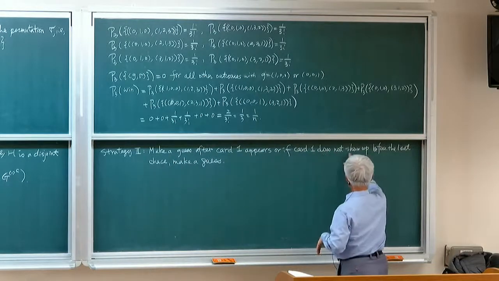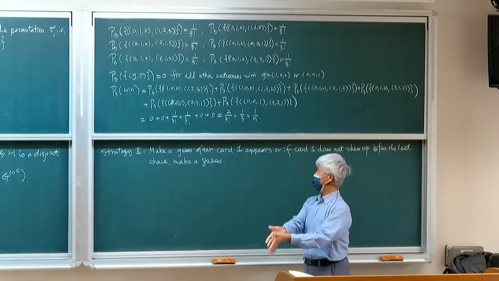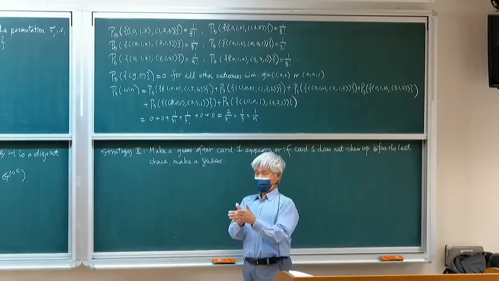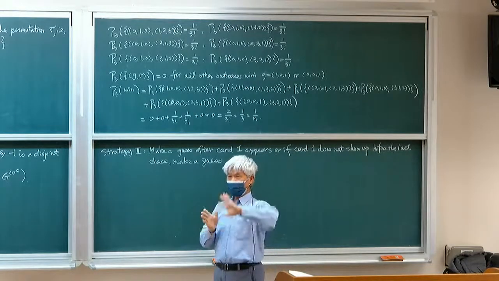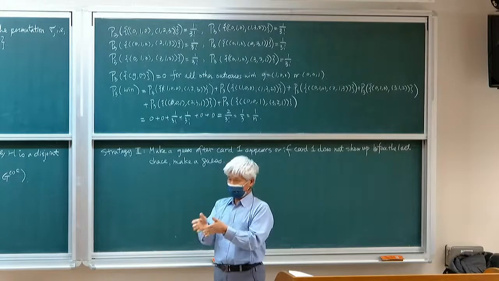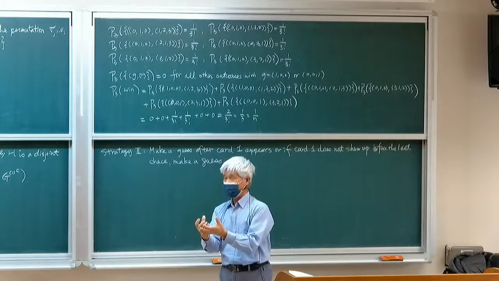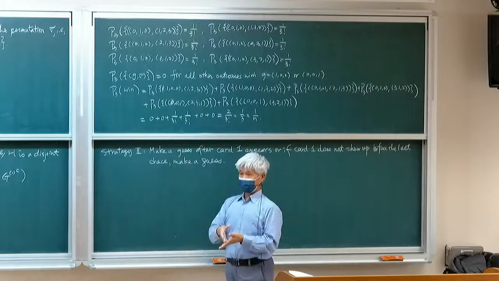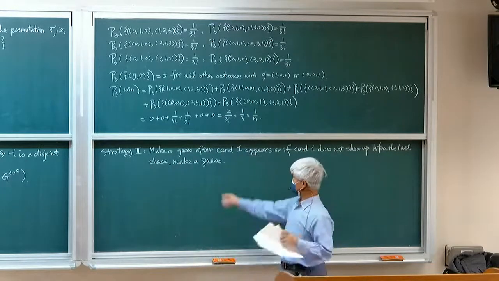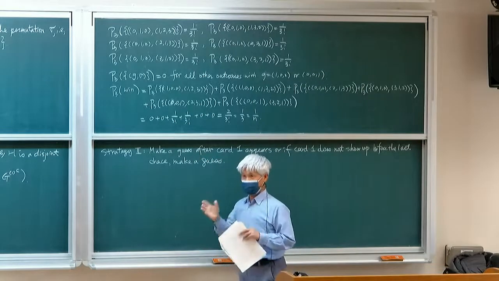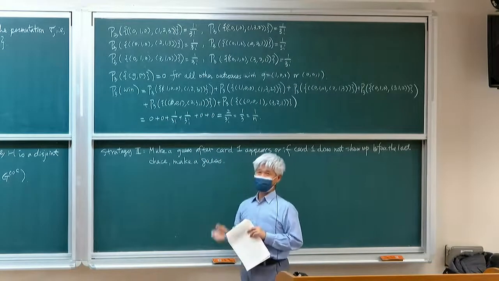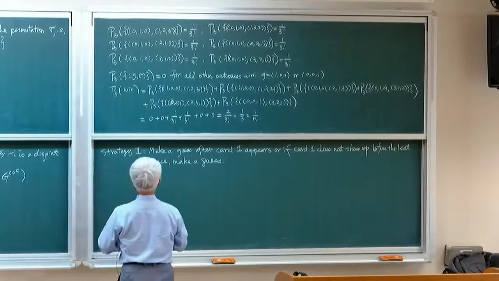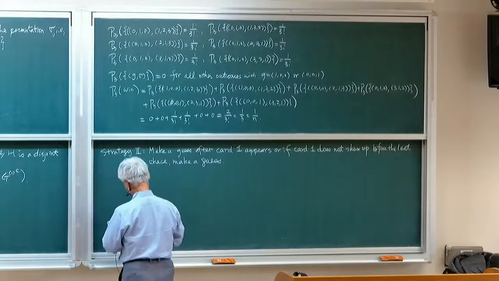If card number 1 does not show up before the last chance, then the player makes a guess. Of course, because if before the last card, card number 1 never appeared, then for sure the remaining card should be card number 1. So the player makes a guess. That is kind of a silly strategy, right? And with this silly strategy, what is the probability function we have?